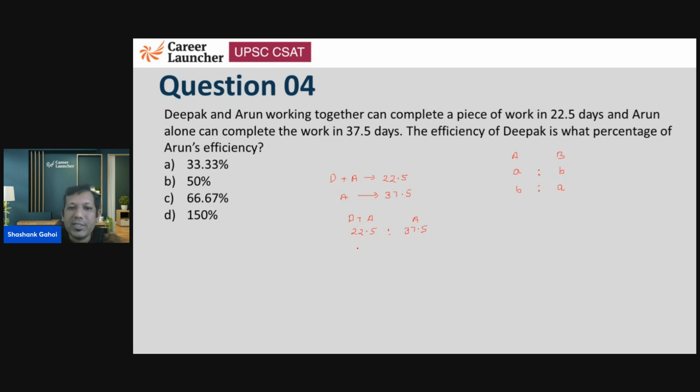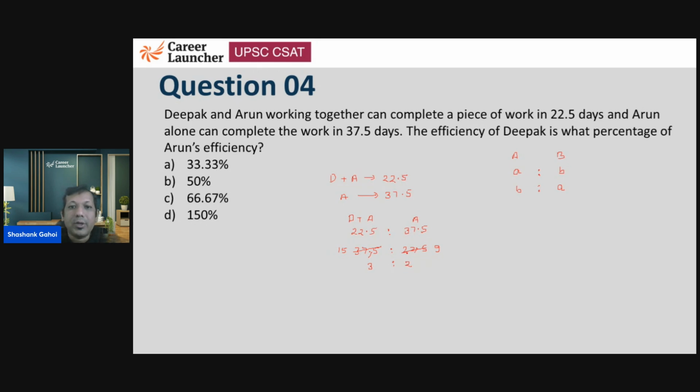So the ratio of efficiency is going to be 37.5 to 22.5, which is 25 nines are, and this is going to be 15. So this is going to be 3 to 2.